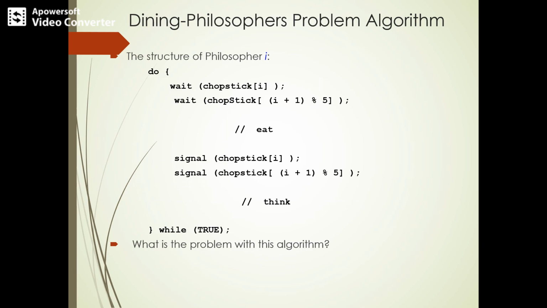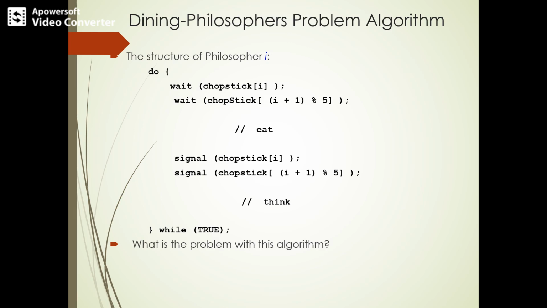You can just observe the algorithm here. There's a structure for philosopher i, any philosopher i, wait of chopstick[i]. Whenever they are hungry, the philosophers have both their chopsticks at the same time, and they eat without releasing the chopsticks. But when they have finished eating, they put down both chopsticks and start thinking.